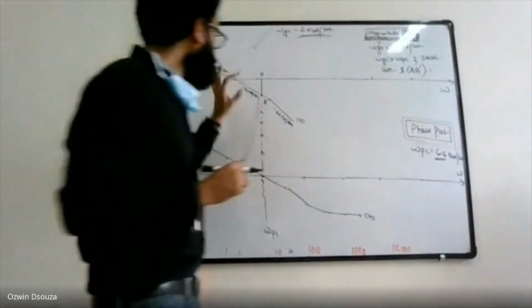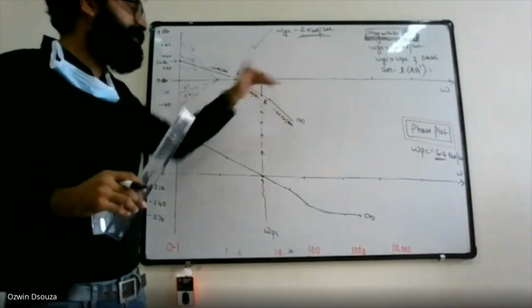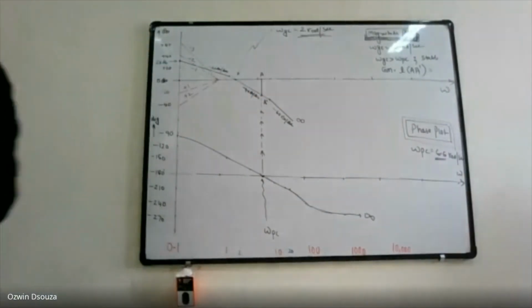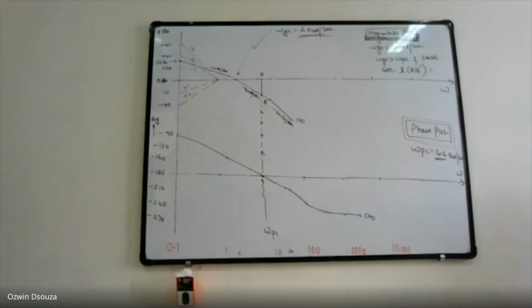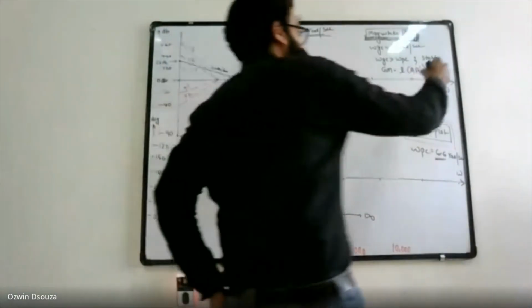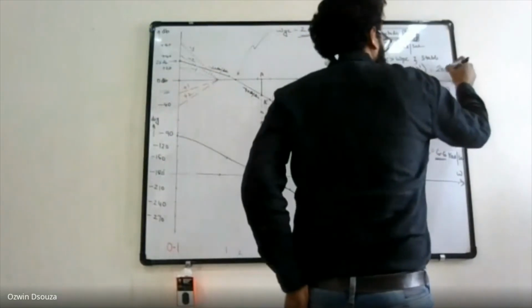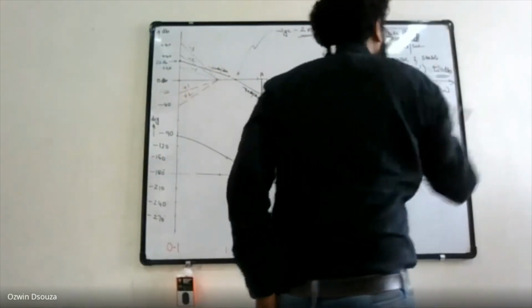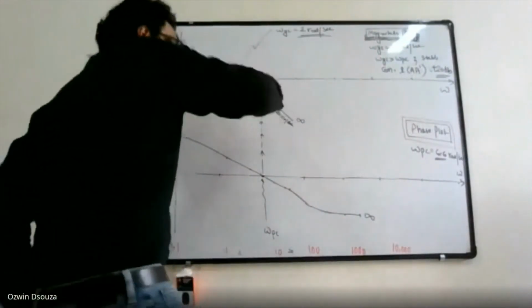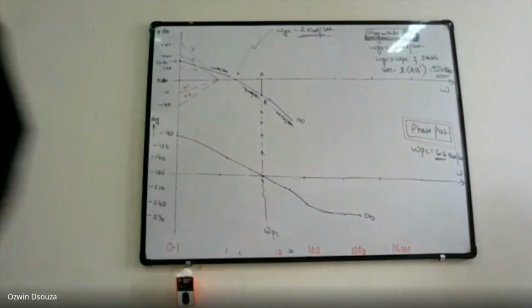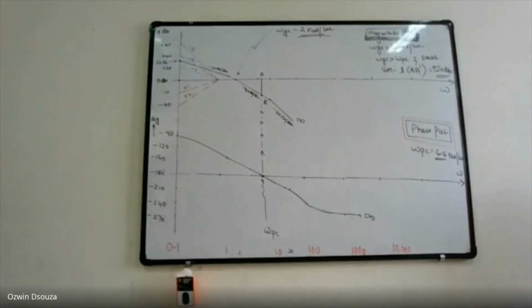And if the gain margin is found below the 0 decibel line, we say it is a positive gain margin. So for this particular system, you will get the gain margin as plus 20 decibel. Why? Because it is found below the 0 dB line. What is the meaning?